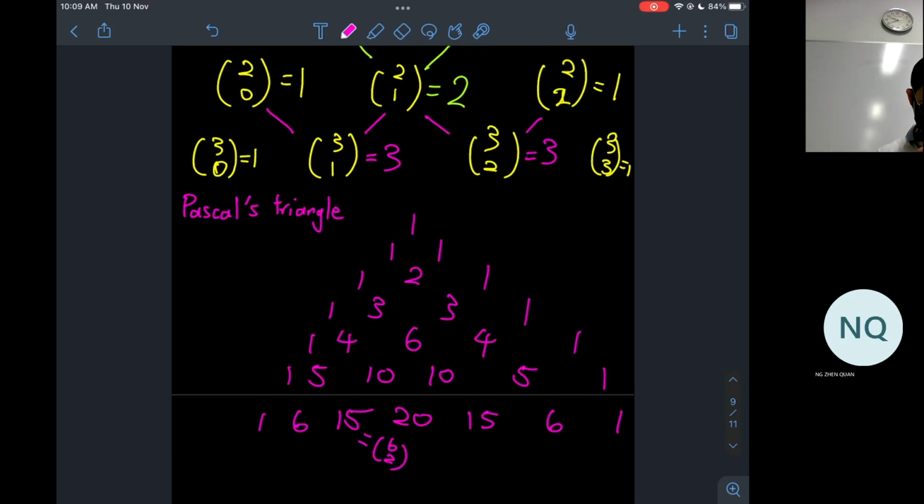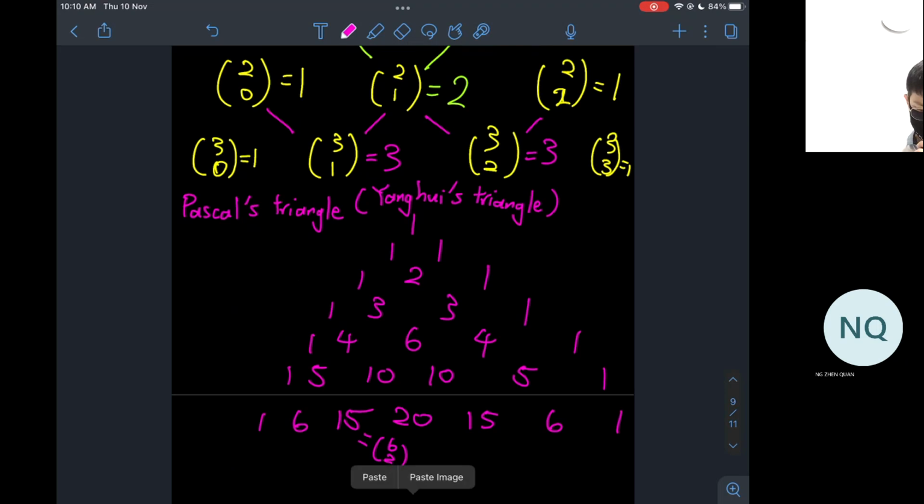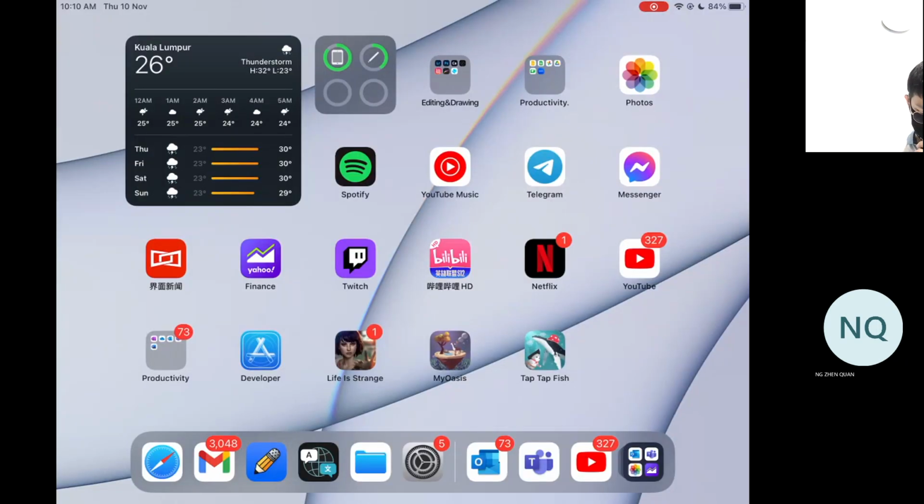And actually, this Pascal triangle is called the Yang-Hui triangle. This is how you were taught in China, right? Okay, let me go to the web page.